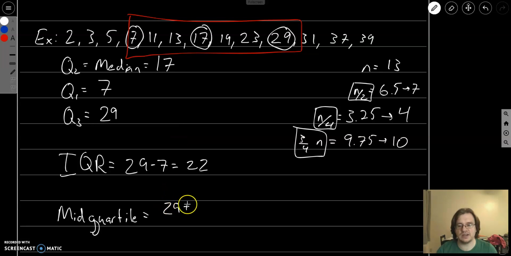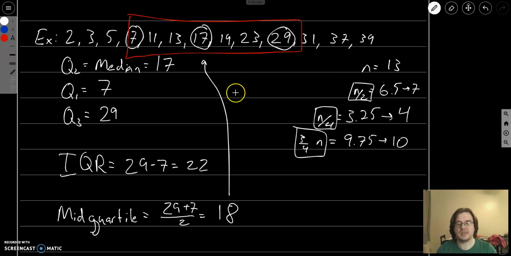So if I take 29 plus 7 and I divide by 2, I will get 18, which is not the same as the median. It's not the same as Q2.